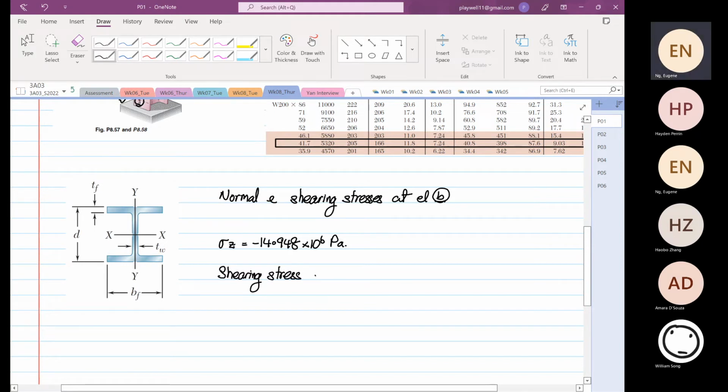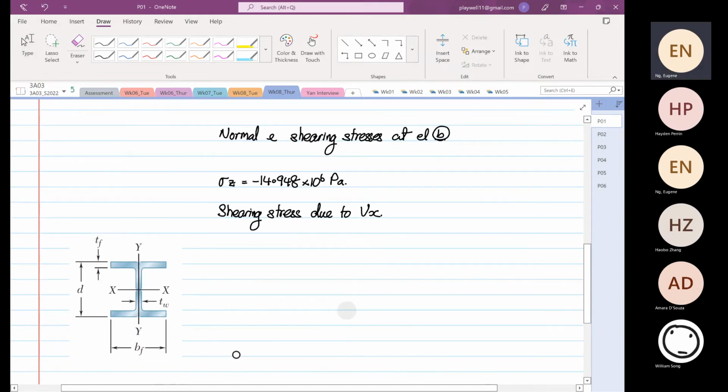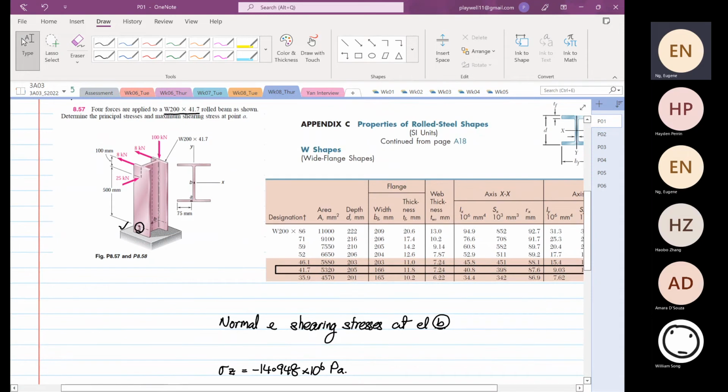So due to Vx first. Okay, shearing stress due to Vx. So we look at this cross section over here, right? So Vx, if we look at the x direction, so what are we looking at? If we look at the transformation of the geometry over here, so this is x, this is our y, and this is our z.